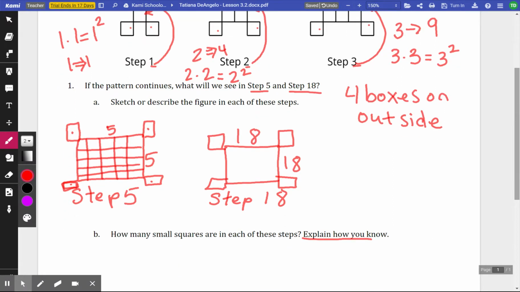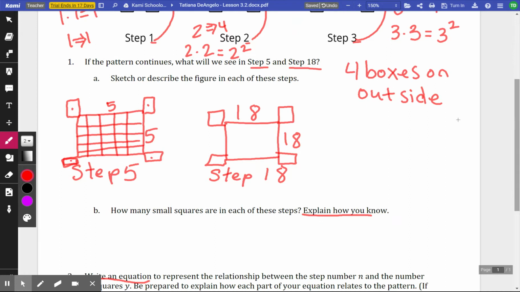So now it says how many small squares are in each of these. Well, I can tell that because this is a 5 by 5. 5 times 5 is 25. So for this one, it gives me 25. But then I also have to add my 4 on the outside. So then for step 18, just get my calculator and do 18 times 18.